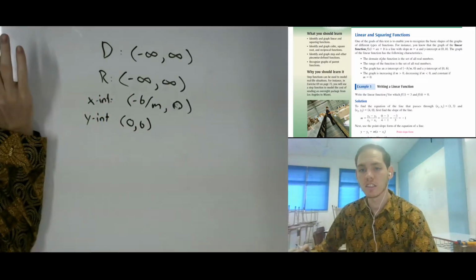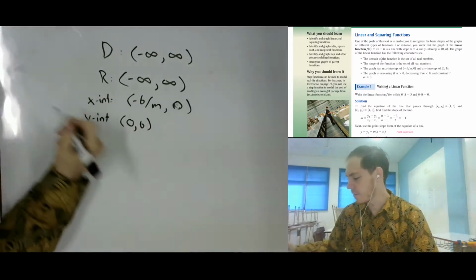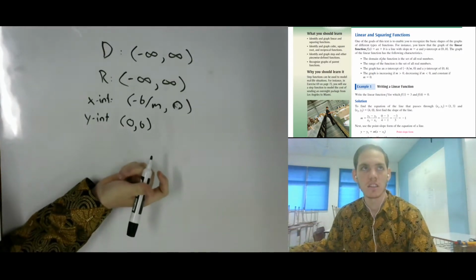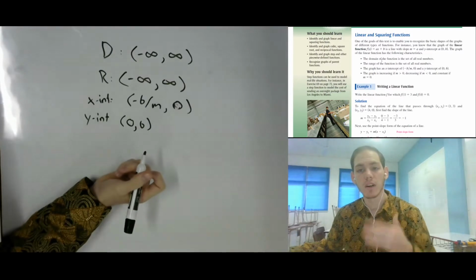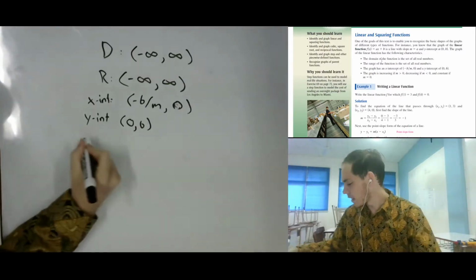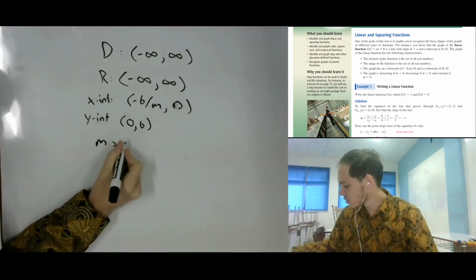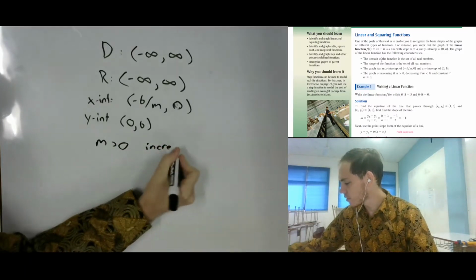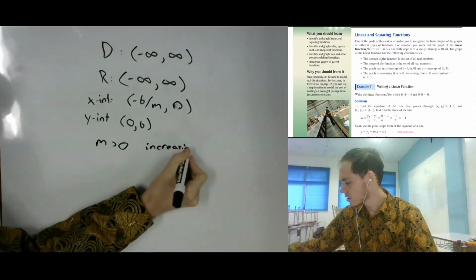Now, a key question is: is it increasing or decreasing? So what's the end behavior of the line going to look like? If m is greater than 0, you're always going to be increasing. This is for a linear function.